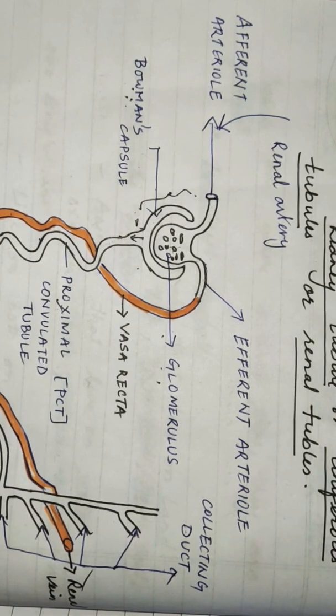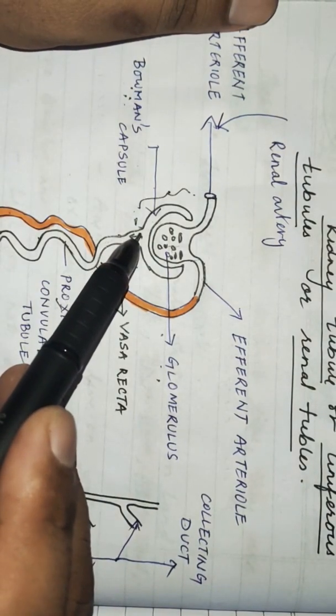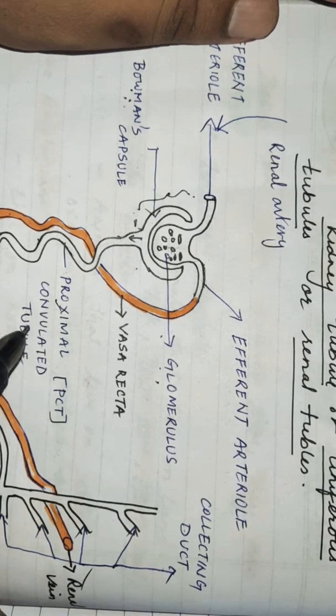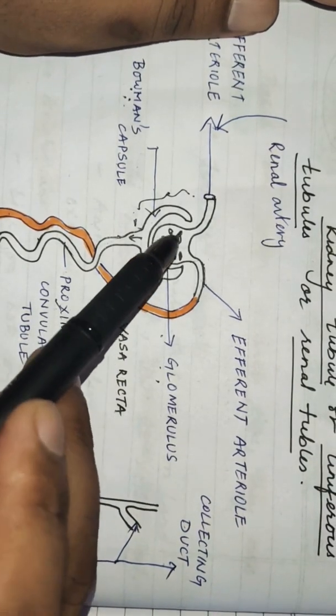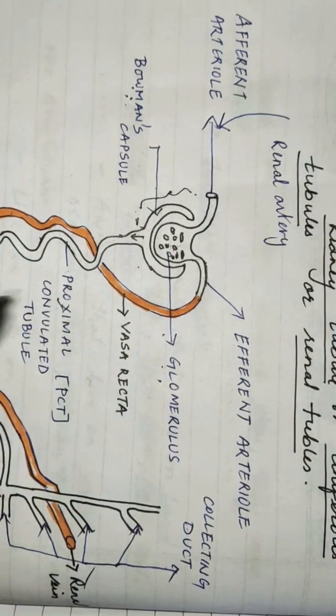After this, the next step is reabsorption. The filtrate that comes out in the Bowman's capsule enters the PCT, that is the proximal convoluted tubule. So what happens to the liquid blood that is left over here?